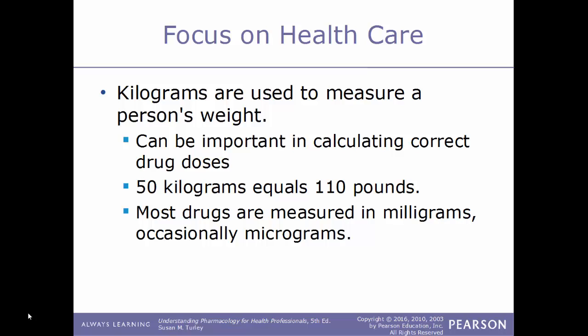So this is important when calculating correct drug dosages. For example, 50 kilograms is the same thing as 110 pounds. And then most drugs will be measured in milligrams, micrograms, decagrams. So it is important to know how to convert pounds from kilograms and then vice versa. Otherwise, you'll be prescribing drugs that are way too low in quantity or way too high in quantity.